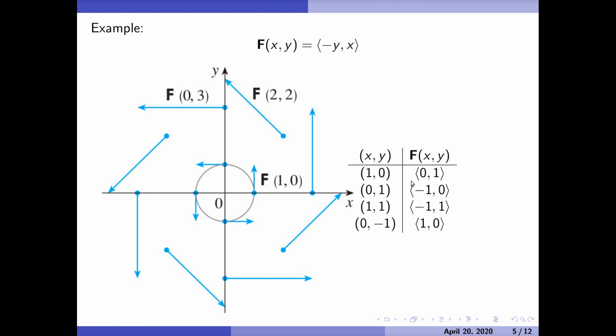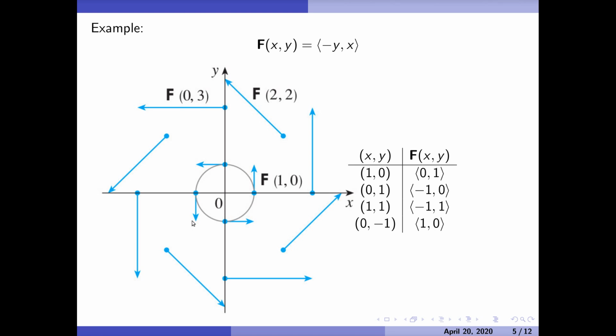So at the point 1, 0, we have the vector 0, 1. It's going straight up. And then similarly here at 0, 1, we have a vector negative 1, 0, so it's going backwards. Similarly here, that's negative 1, 0.